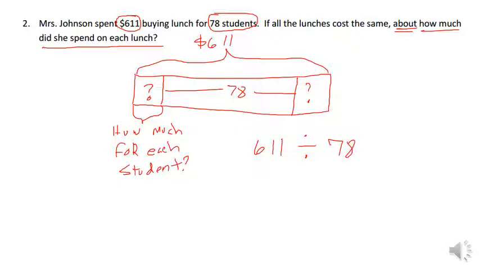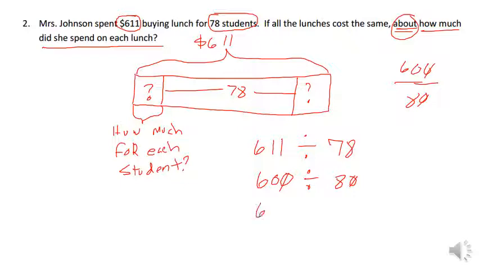Now I know this about right here is telling me I'm estimating, so I'm going to take 78 close to 80, and 611 I'm going to take to 600. So when I write it as a fraction, I got 600 over 80. Taking out my multiples of 10, and I have 60 divided by 8. Well, I know 60 is not a multiple of 8. Okay? But I do know 8 times 7 is 56. 8 times 8 is 64.